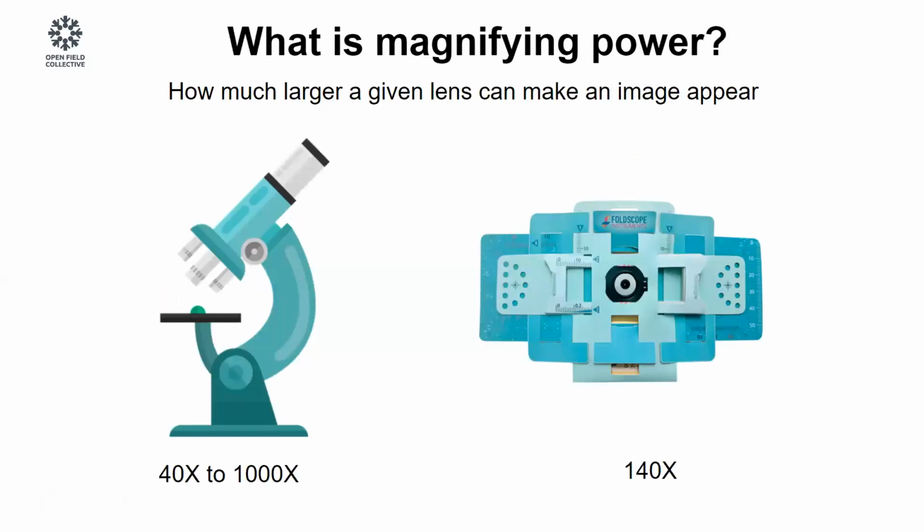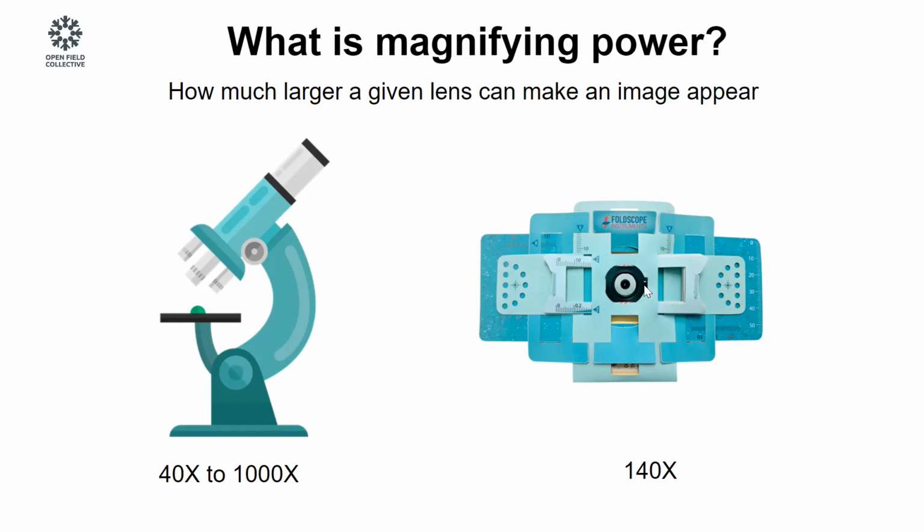So just to give you a comparison of how much larger your image is going to appear: a conventional dissection or optical microscope can be anywhere from 40 times to 1000x. The foldscope has a limitation of 140x. However, the foldscope can sometimes do even a little better, and we will go about it, because nowadays most of our phones also have these beautiful, amazing lenses, right?